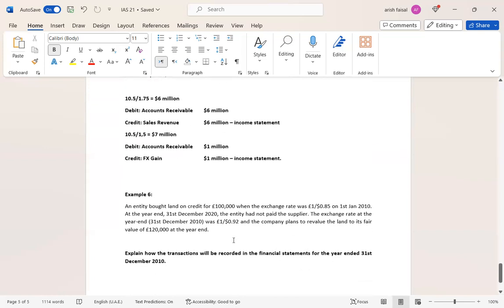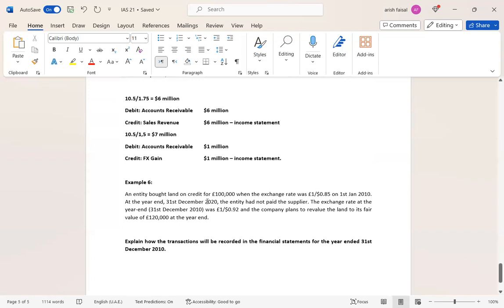Moving on to the last example, which is example number 6. An entity bought land on credit for 100,000 pounds when the exchange rate was 1 pound to 2.085. So basically, you see that your dollar is strong here.